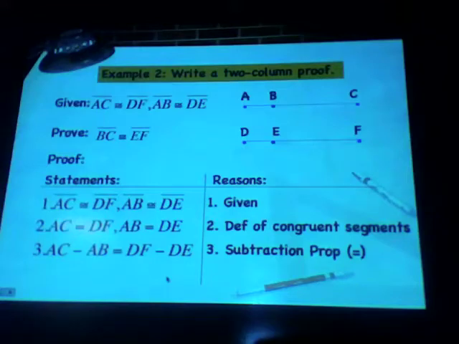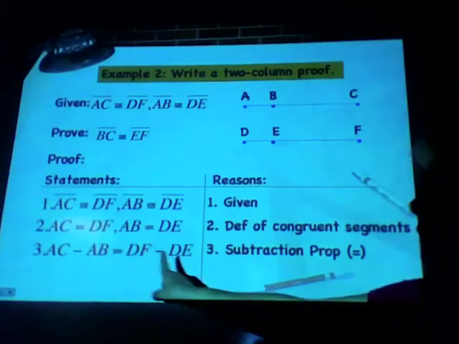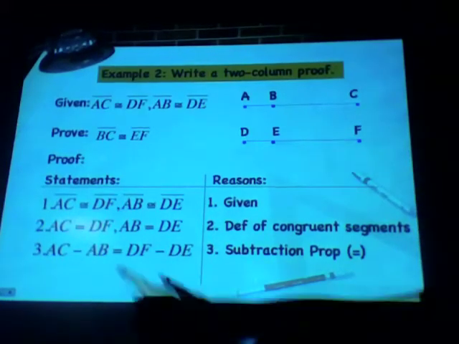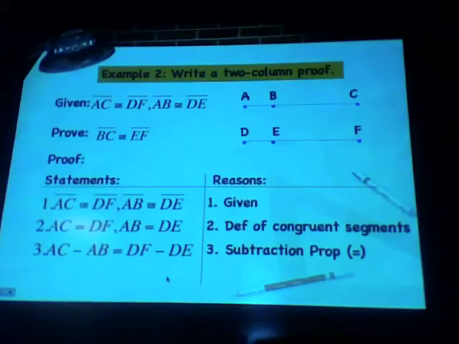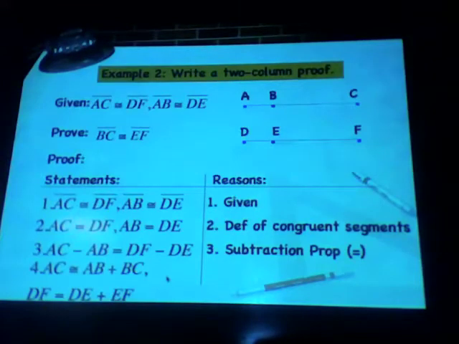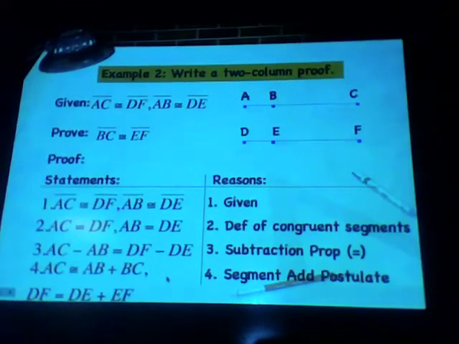Then they went and they subtracted. Why? Because AB and DE are equal. So they subtracted from the first equation here this, right? Then they used the segment addition postulate, which we did in ours also, correct? And then I didn't have enough room, so we had to do it again.